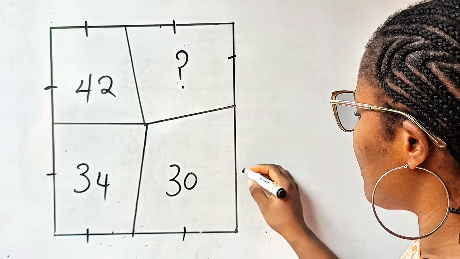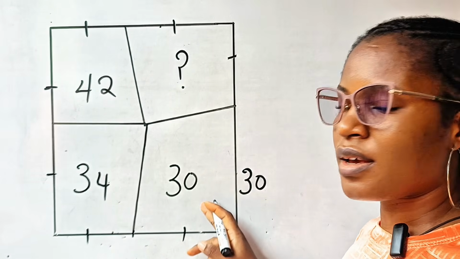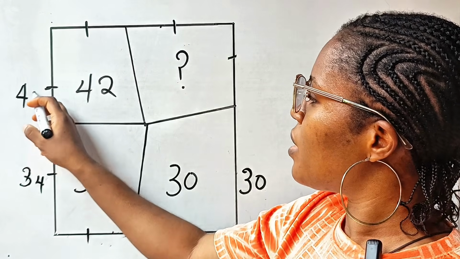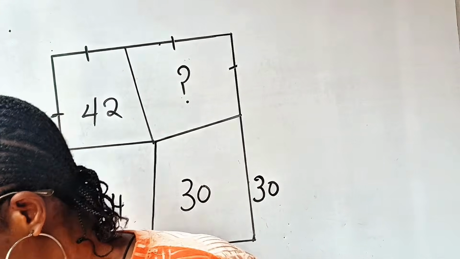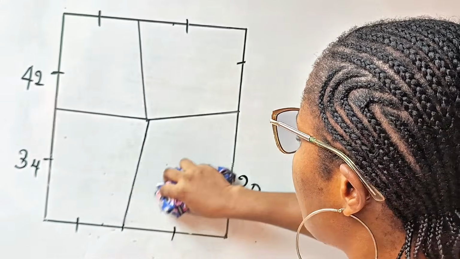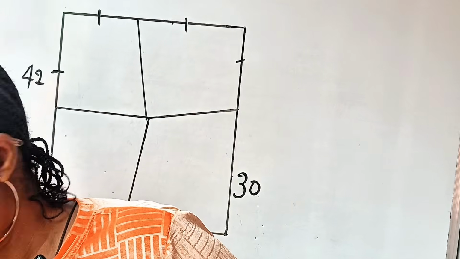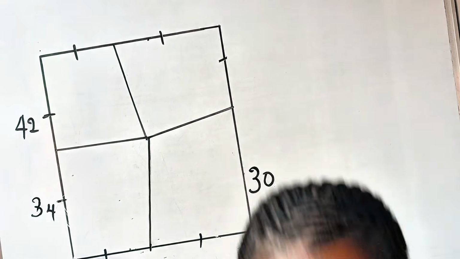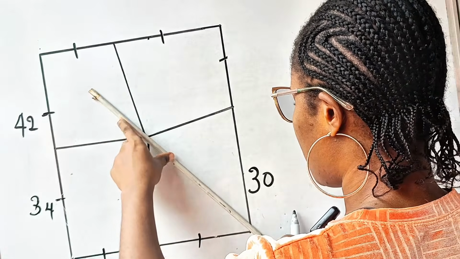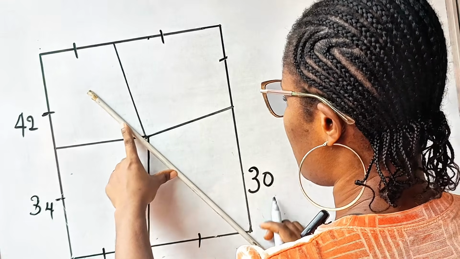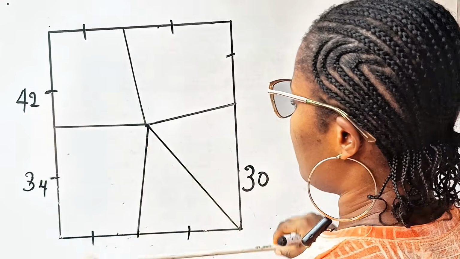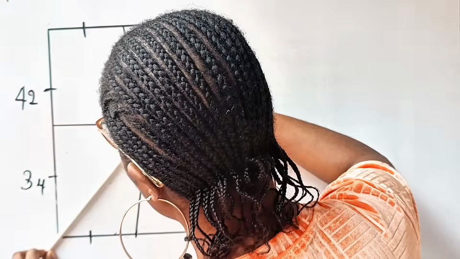First of all, let me write this out because I'll be making use of the inside. So I'll be writing out the areas outside, then I will clean it. Now first things first, let us draw a line to join the center to the edge, and we also join another one this side.